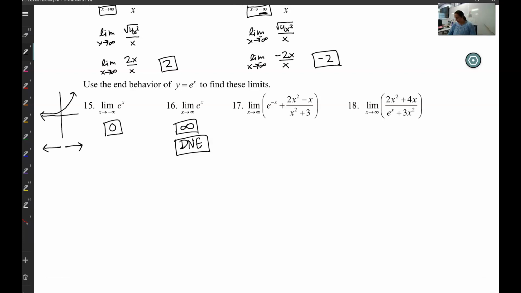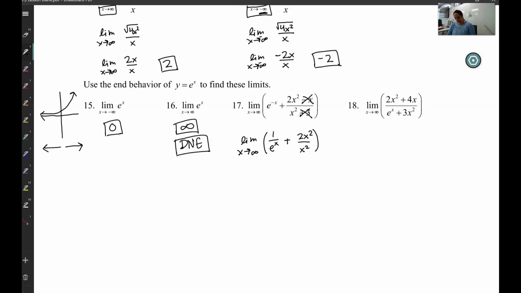Now, for this one, I need to start to simplify some things. So this one, get rid of my small terms. So I have my limit as x goes to infinity of, I'm going to change e to the x as 1 over e to the x, make that negative exponent into a positive, plus 2x squared over x squared.